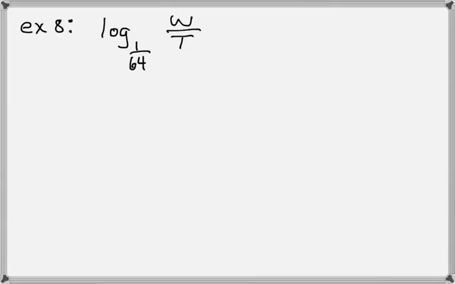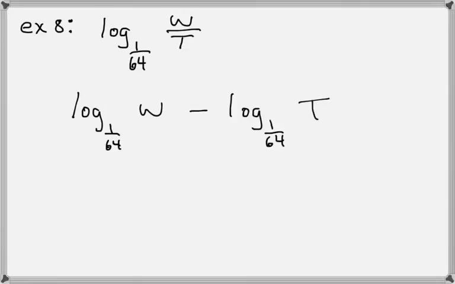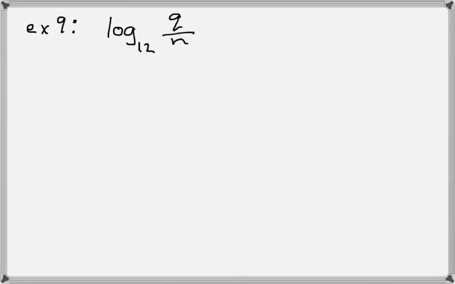We can expand that. So we'd have the log base 1 over 64 of the numerator, which was w, minus log base 1 over 64 of the denominator, which was t. And we've successfully expanded that single log using the quotient property into the difference of two logs.